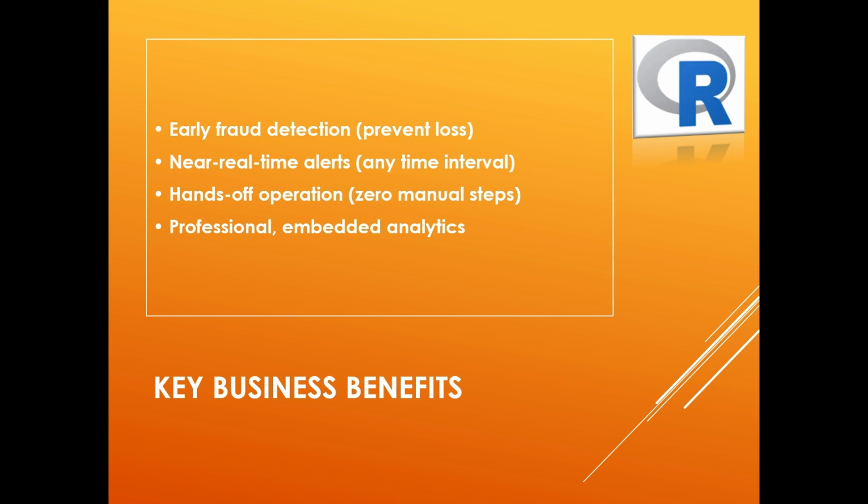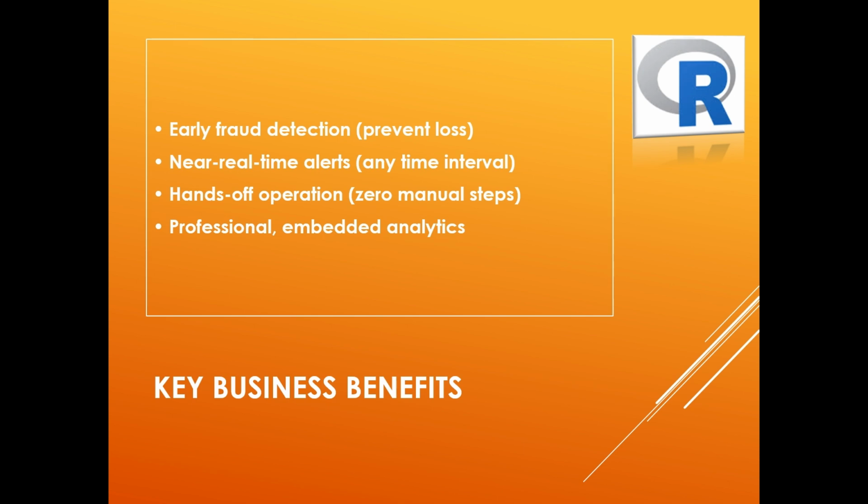Key benefits, as you can see in the presentation window: early fraud detection, prevent loss. Why? Because, similar to Python or any other automation, this is real time. And for the time interval, we can schedule the alerts at any interval as per business needs, 2 hours, 3 hours.